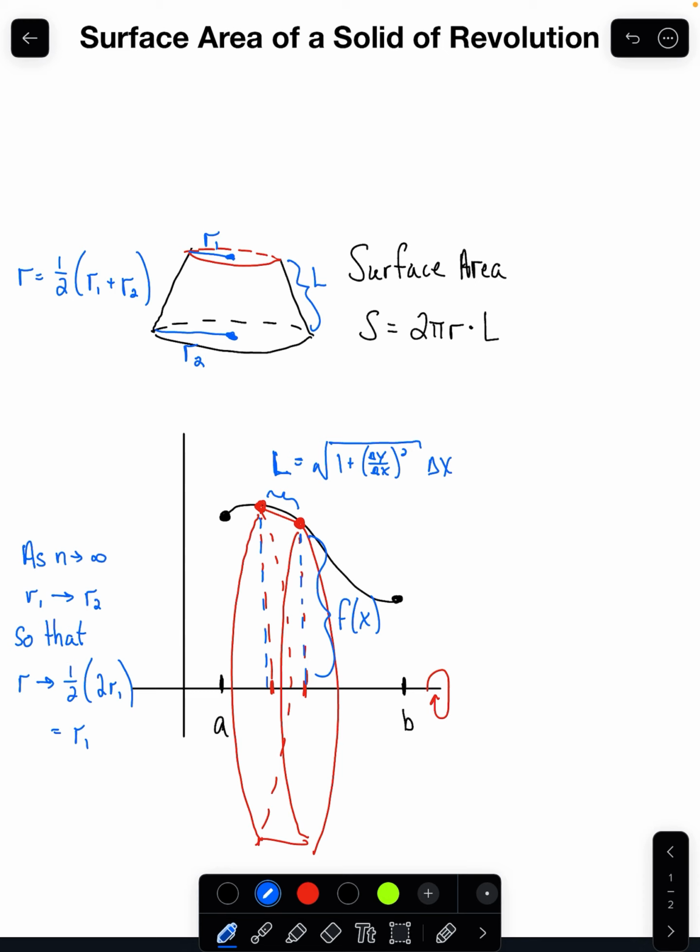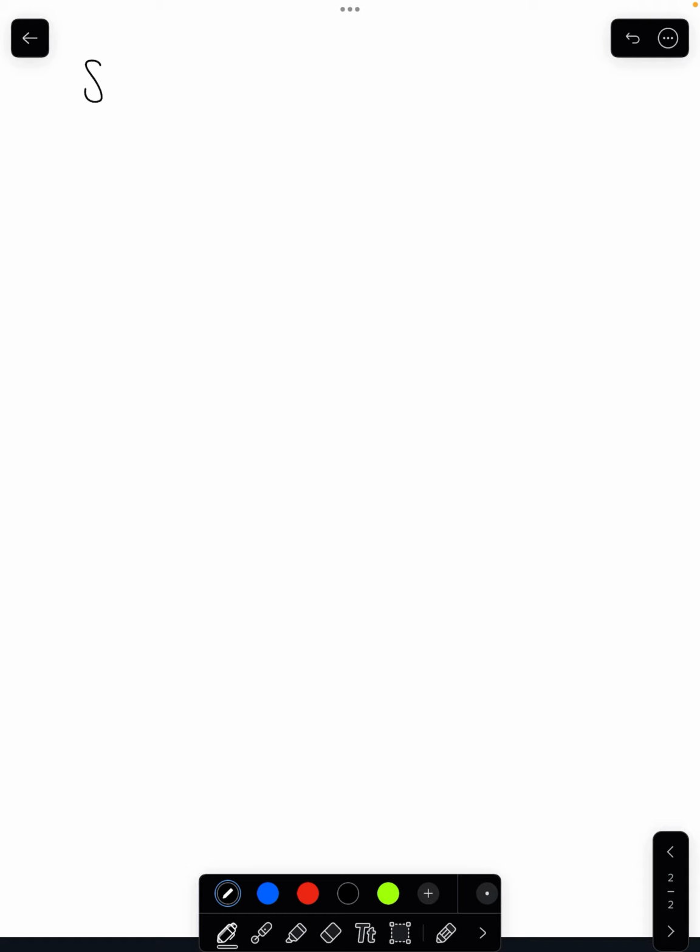What this gives us ultimately then is that the surface area on each partition, the surface area of the ith frustum, is going to be given by 2 pi times f of x sub i times the square root of 1 plus delta y sub i over delta x sub i squared times delta x.